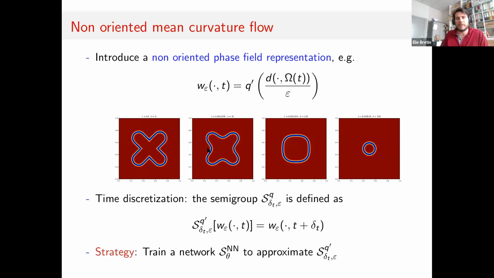And we see that in this representation, we don't use the orientation of the set omega. And from this representation, we can also introduce a new semigroup named S_Q prime delta t epsilon. And in the case of non-oriented mean curvature flow, the problem consists simply in approximating S_Q prime instead of S_Q. So the problem is very similar for the oriented and non-oriented mean curvature flow.